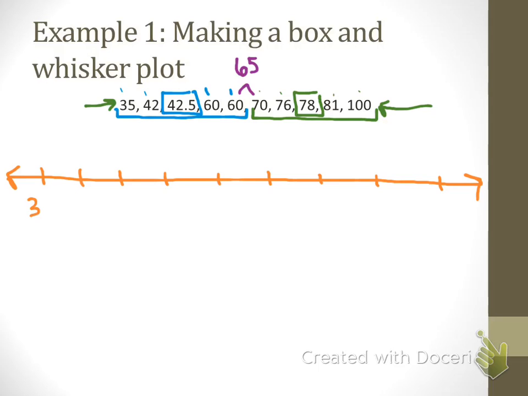And I have to go all the way up to past 100. Going by 2s would take forever, and 5s is going to be really long. 10s would be the best. So let's go by 10s: 30, 40, 50, 60, 70, 80, 90, 100, and 110. You always want to start a little bit below the lowest number and end a little bit above the highest number.